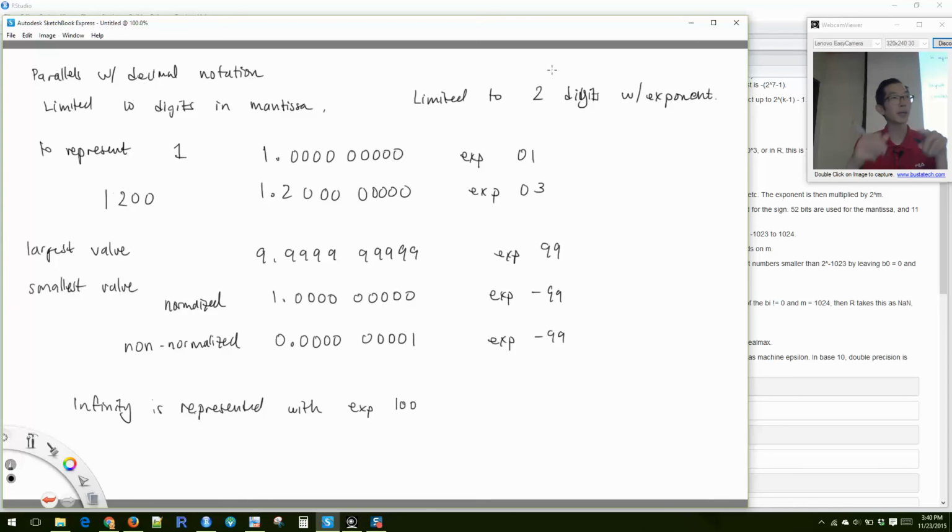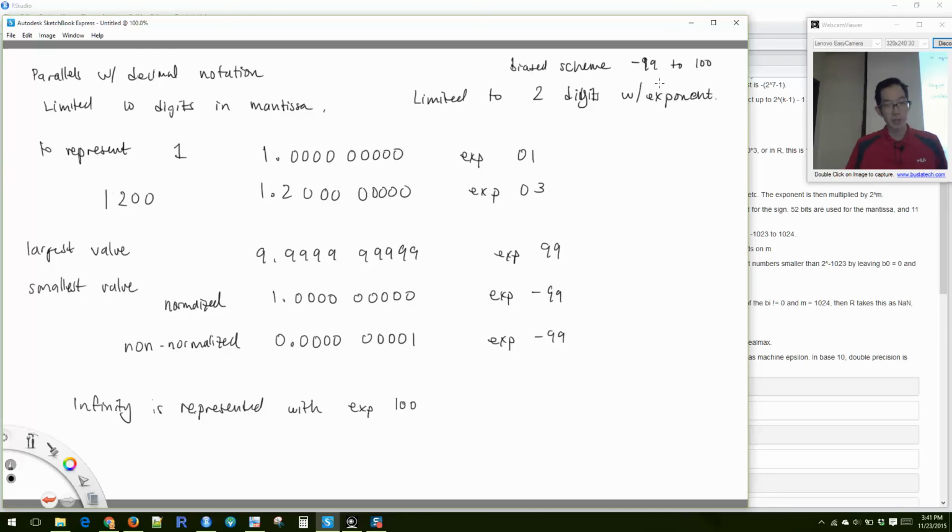So with the biased scheme for storing decimals, limited to two digits with the exponent, we're going from negative 99 to positive 100 because we get the extra spot by not having 0 represented in there twice.